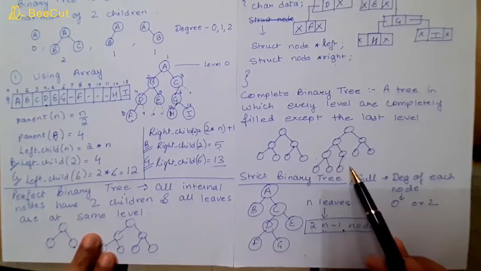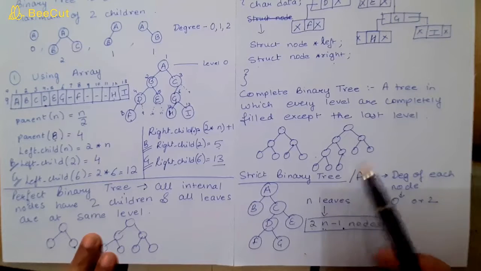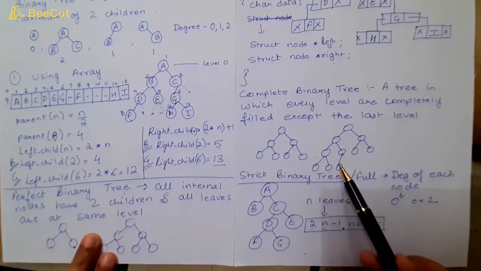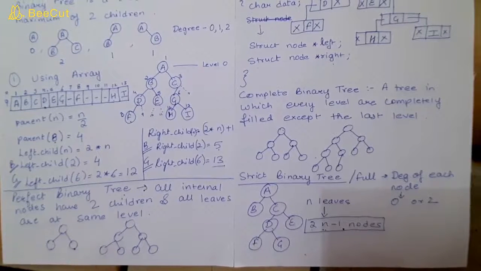Okay, it is not having 2 children. So if we compare it with a strict binary tree, this tree cannot be strict, because here this node is having degree 1. Okay, but if you see this tree, it is fine. In this tree, you can see that all the nodes are having either 2 or 0 children. Okay, so you need to know the difference between these two.